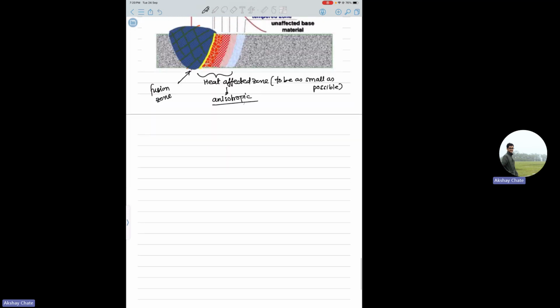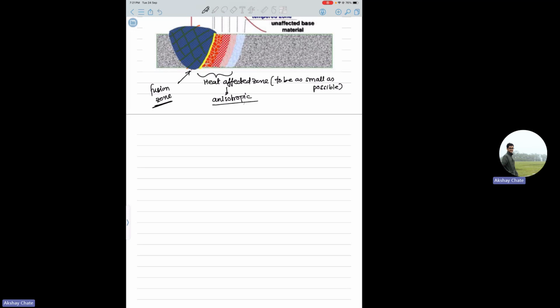Okay, and then there is this very famous thing about the fusion zone. So if you look at the interface, this yellow line, that very famous word is there. Let me just see once. Epitaxial growth. Okay, so what is it?